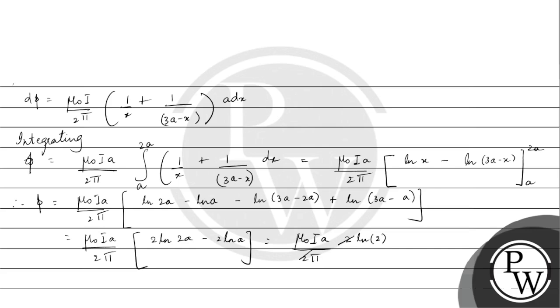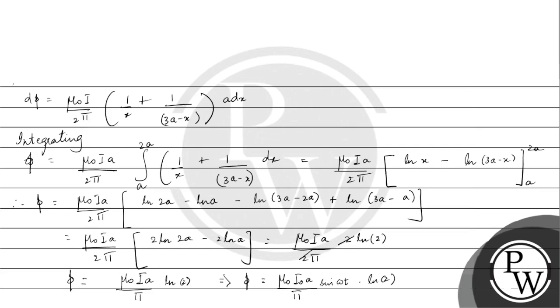So we will be left with the flux through the loop as mu naught I a divided by pi into ln 2. अभी क्योंकि current is varying as I0 sin omega t, so this will become mu naught I0 a by pi sin omega t into ln 2.